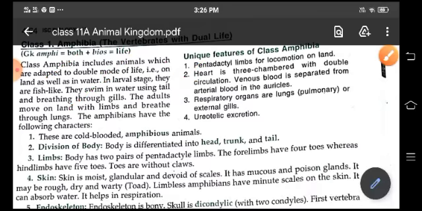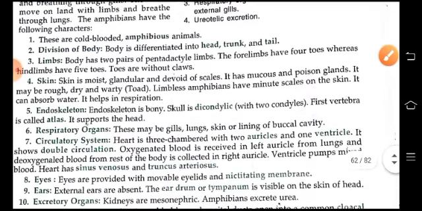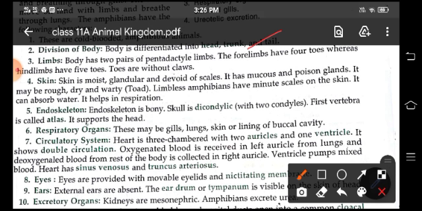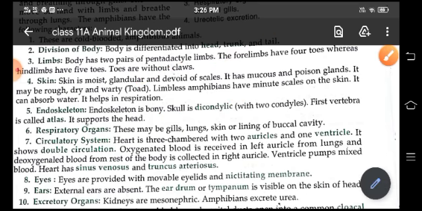Now these amphibians are cold-blooded animals and their body is divided into head, trunk and tail. They have two pairs of pentadactyl limbs. Skin is moist, glandular and devoid of scales. They have a bony endoskeleton and the skull is dicondylic. Respiratory organs may be gills, lungs, skin or sometimes the lining of the buccal cavity.